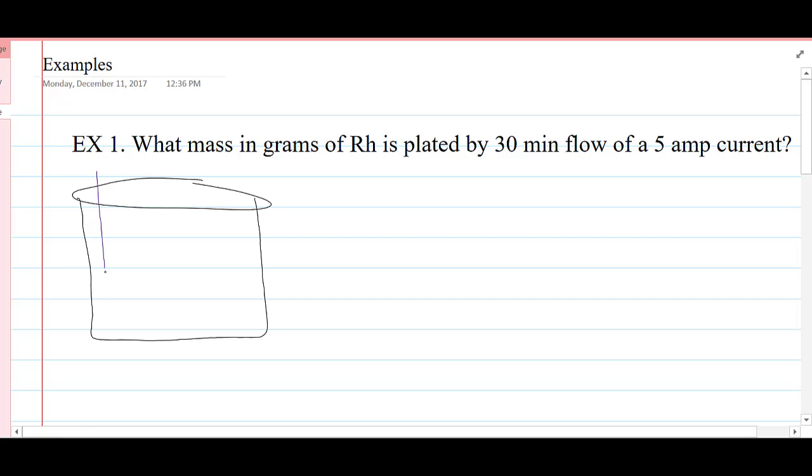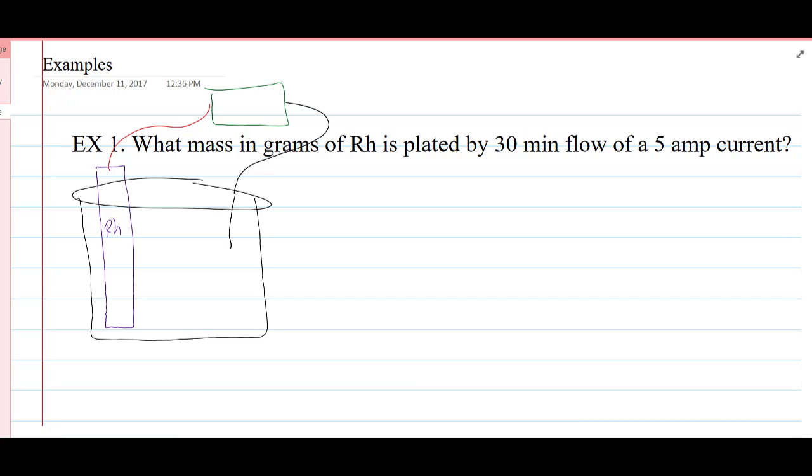Use purple for rhodium here. There's my rhodium metal, connected to your battery. And you put your gold ring here. And what happens is the rhodium is going to go there.